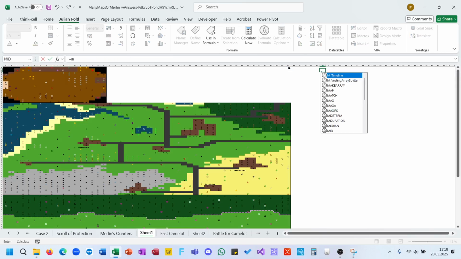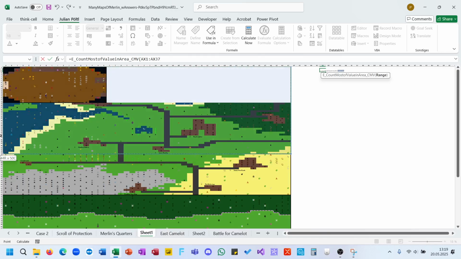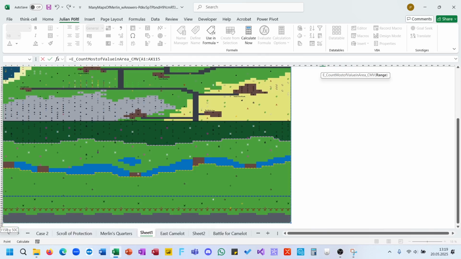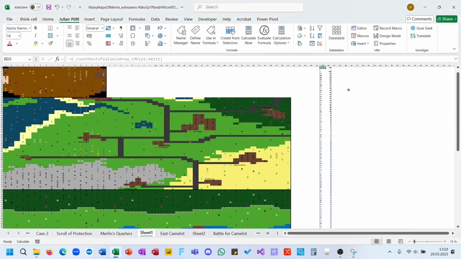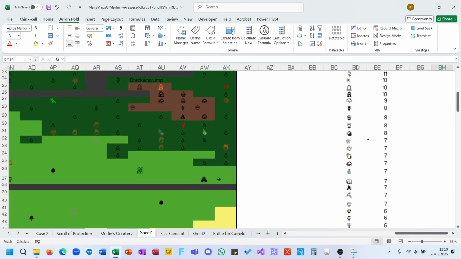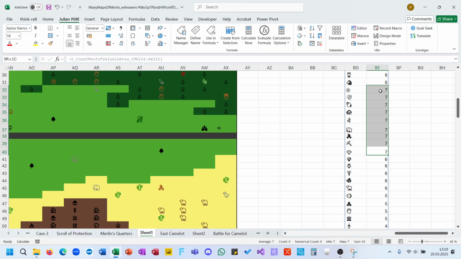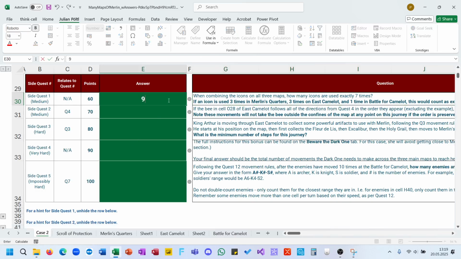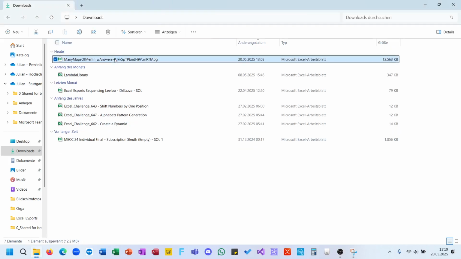And there are 9 items. It's horrible. This error is horrible.